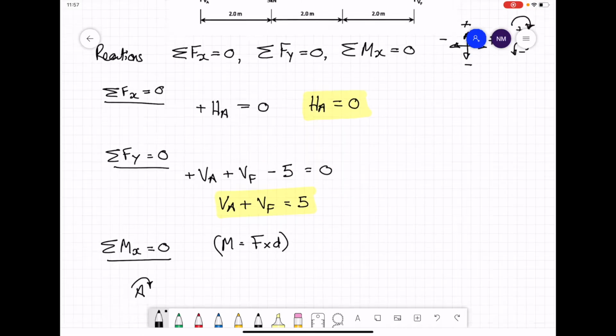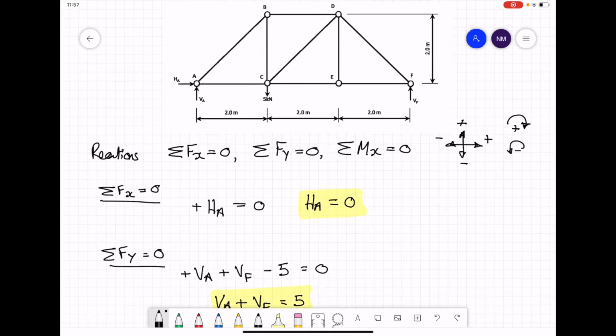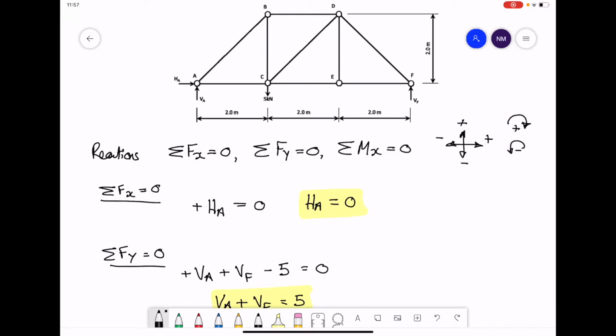Then, looking back at our free body diagram, HA and VA are applied at point A, offset distance is 0, so those two forces don't produce a moment.